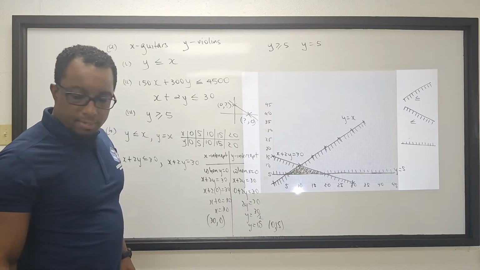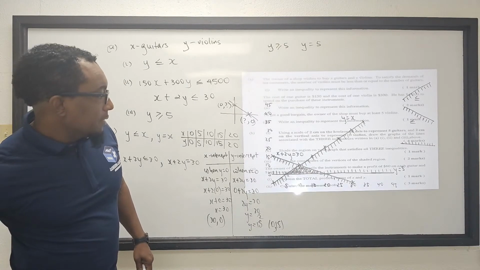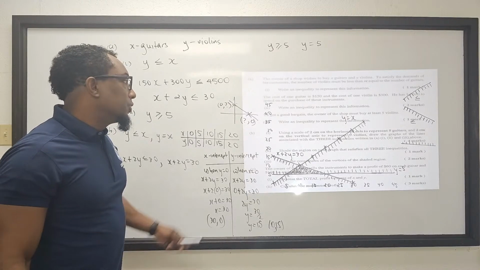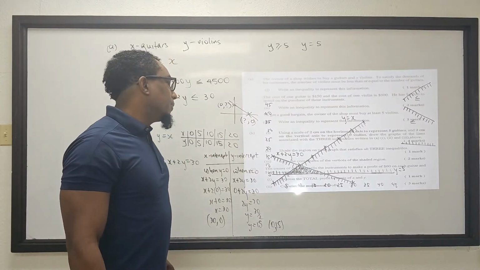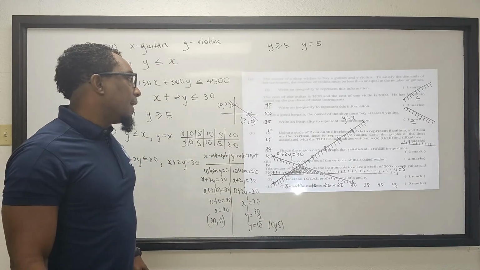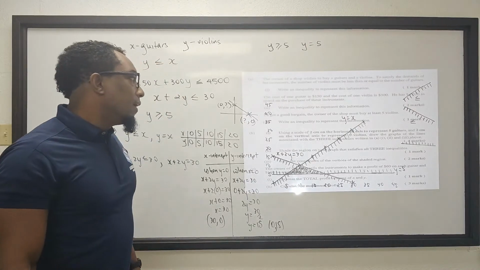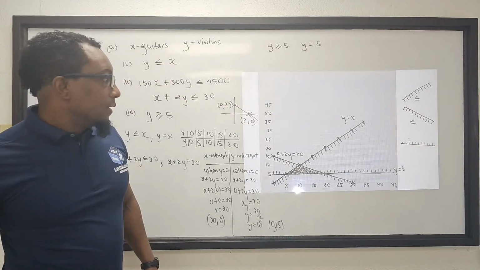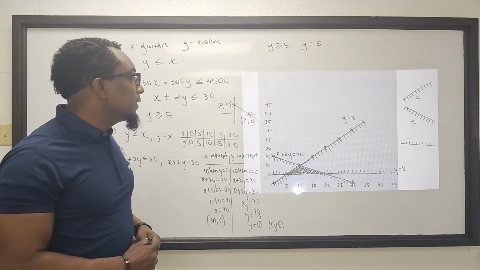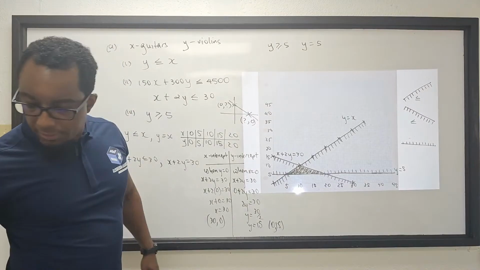Okay? If they ask us in the other part of the question to shade the region that satisfies all three inequalities, we have shaded, and state the coordinates of the vertices of the shaded region.